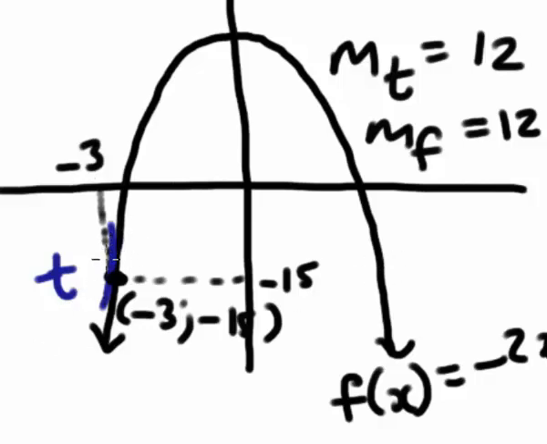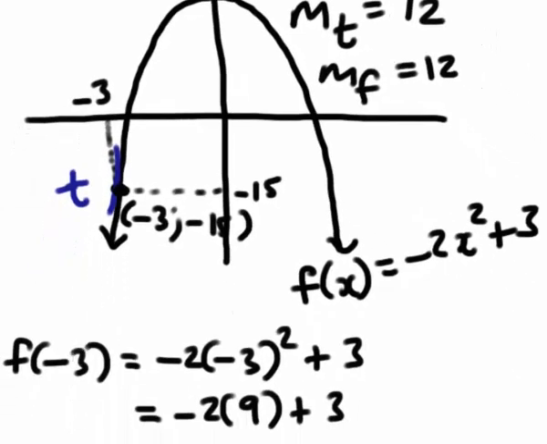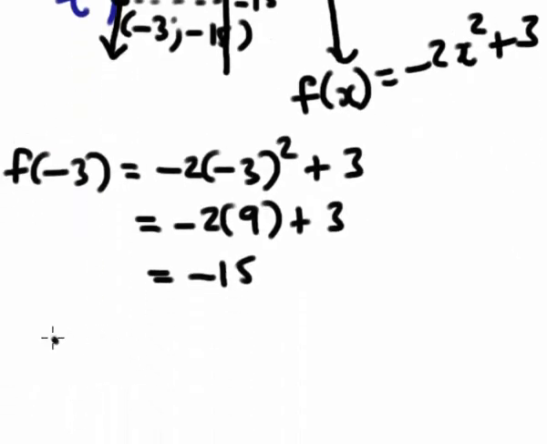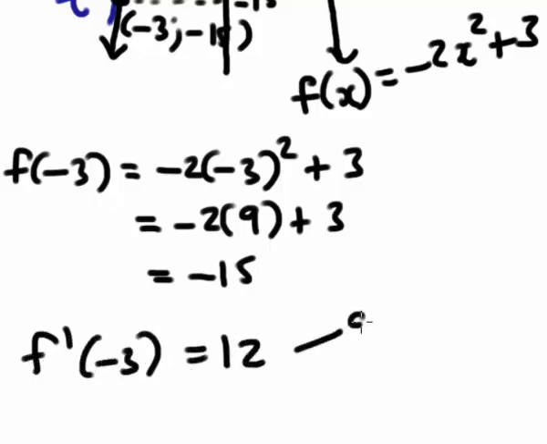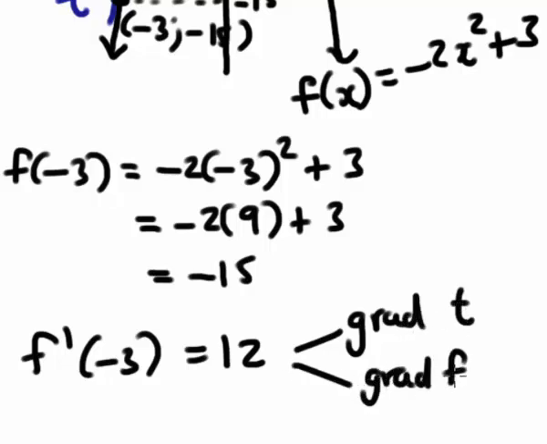So at x equals negative 3, the gradient of the tangent is 12. But the y value is negative 15 corresponding to that. So this is f of negative 3, but f prime of negative 3 is 12. That's the gradient of the tangent, or the gradient of the curve at that point, at x equals negative 3.